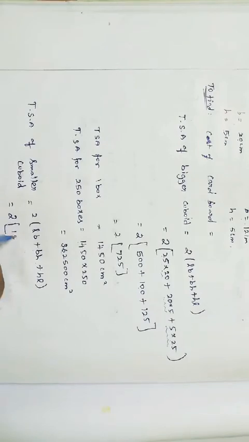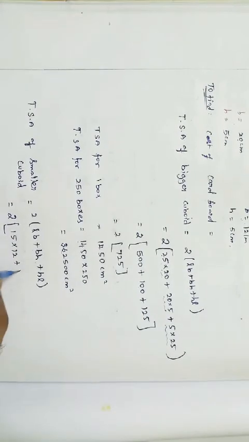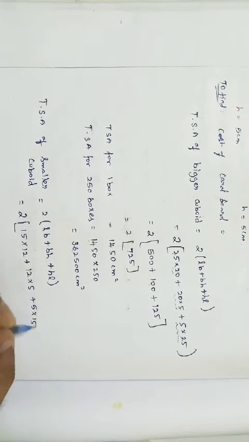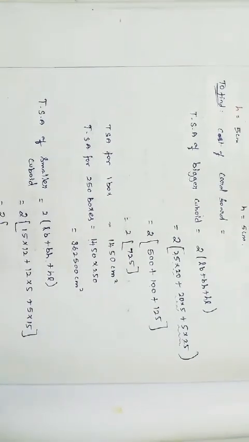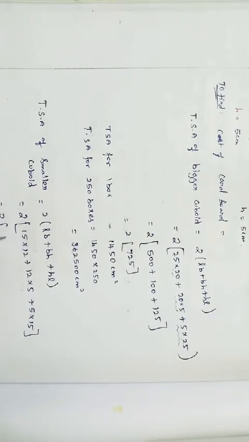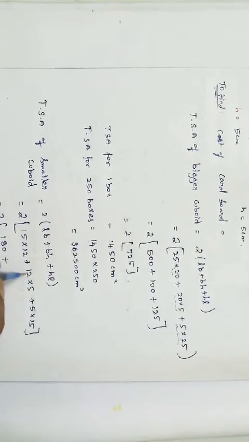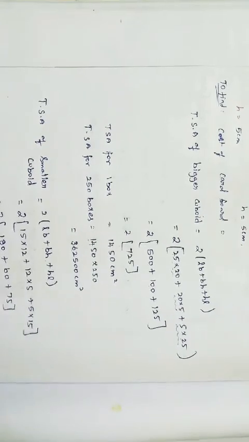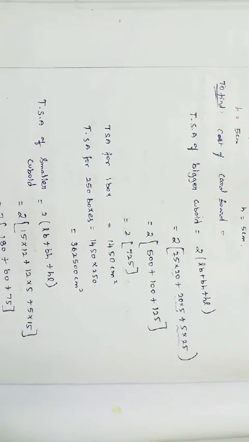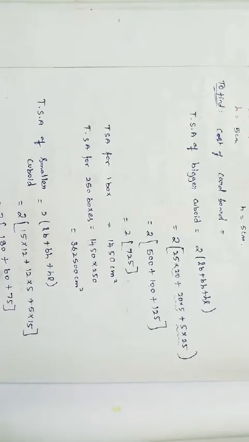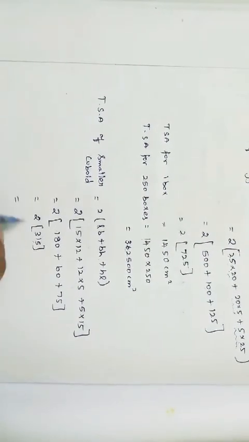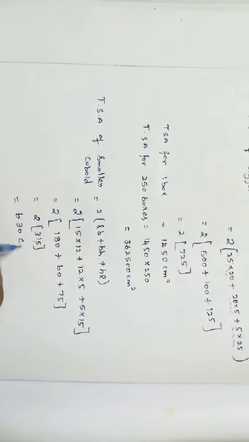So 2 into (15 into 12 plus 12 into 5 plus 5 into 15). 15 into 12 is 180, 12 into 5 is 60, and 15 into 5 is 75. Adding all three: 180 plus 60 is 240, 240 plus 75 is 315. So 2 into 315 is equal to 630 centimeters square.